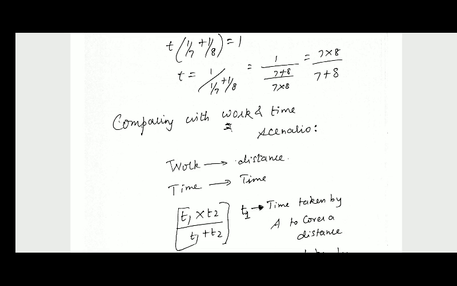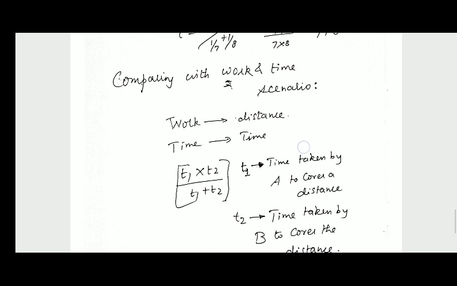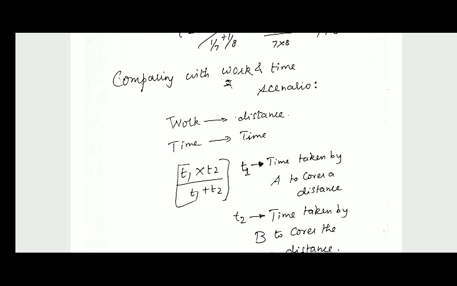So applying the same logic, the final answer comes out to be T1 into T2 by T1 plus T2. So in order to complete the combined distance, the time taken to reach the meeting point is almost akin to completing the combined work by both of them in the same time frame.